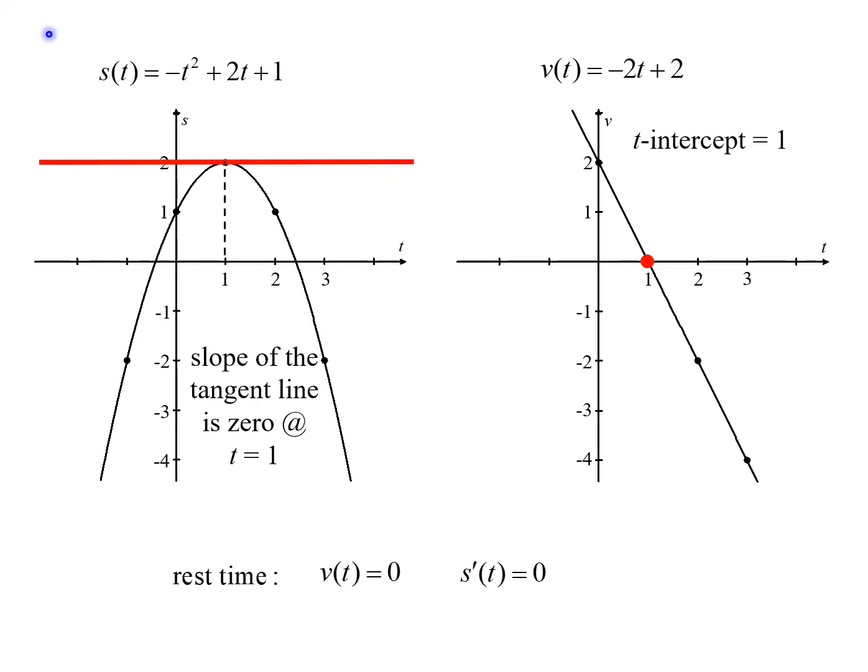The slope of the tangent line is 0 at t equals 1. So our answer is 1 second. And we just want to interpret these things in terms of the velocity graph and the position graph. Moving on.